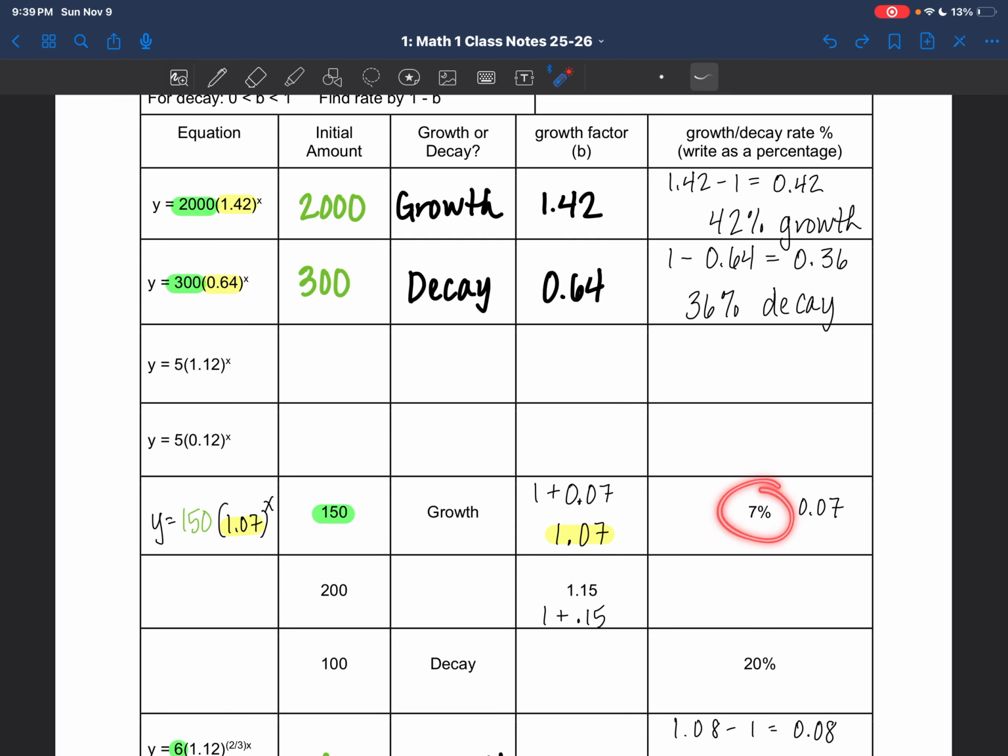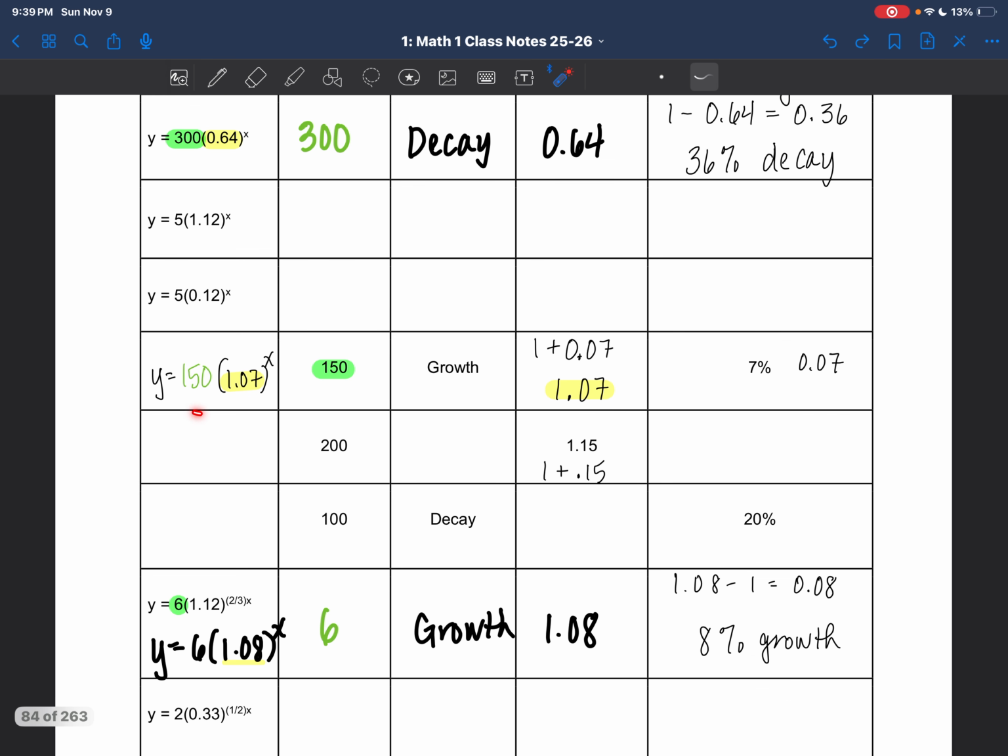Oh, it gave us 7%. Remember, we're going to take this and move the decimal 1, 2, which gives us 0.07. Since it's growth, it has to be bigger than 1, so we get 1 plus 0.07. This is what our B value is. And then x, we just leave, because x and y are your points on the graph.